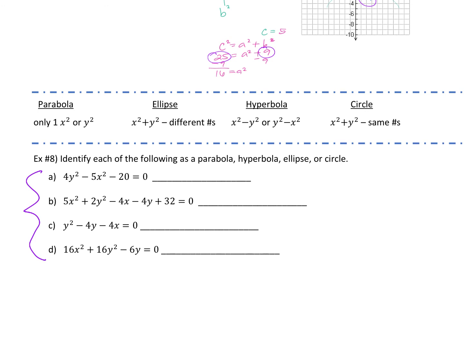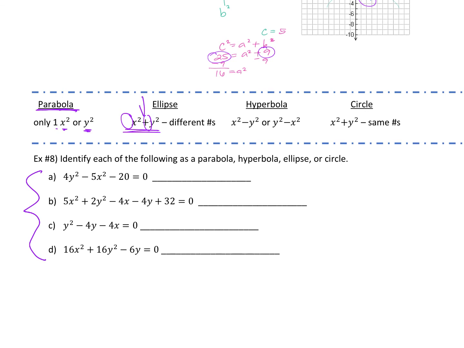So here's how you tell, okay? If an equation only has one x squared or y squared, not both, it just has x squared or it just has y squared, that is a parabola, okay? If an equation has both of them, x squared and y squared, but the number in front is a different number, so 2x squared plus 3y squared, that's an ellipse.